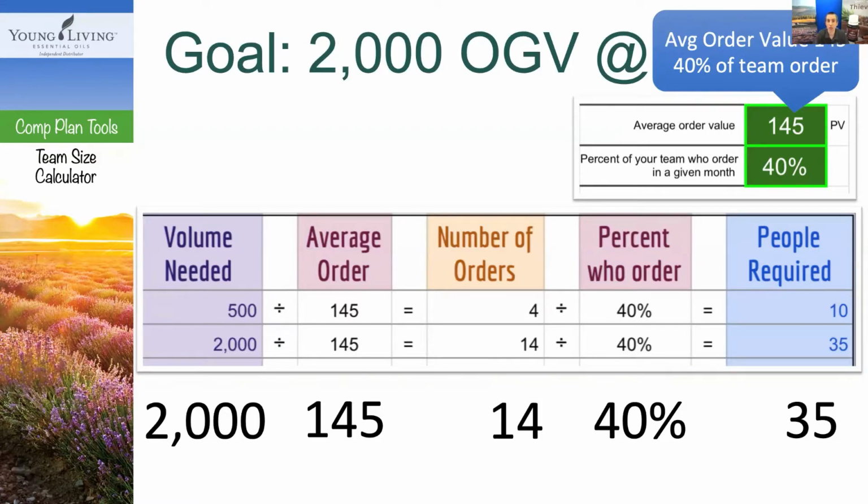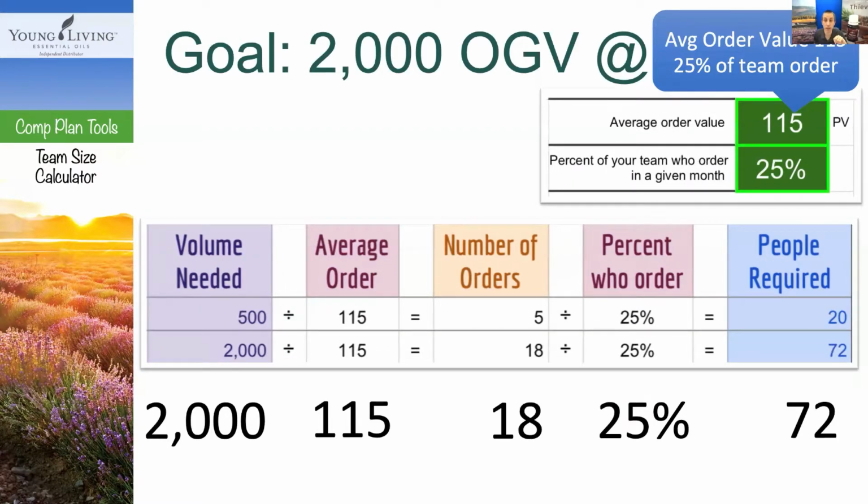So now 35 people are required, which is quite different from before. That's why it's important for you to have as accurate a measurement as possible for your average order value and the percentage of people in your team who order in a given month, because the values are going to change quite a lot based on those two figures.